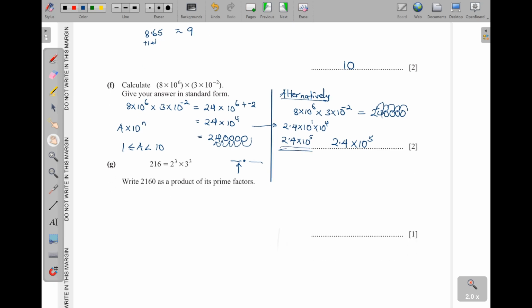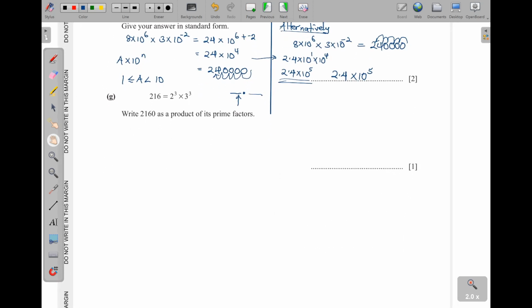Then part G, write 2160 as a product of its prime factors, but we are given 216 is equal to 2 power 3 times 3 power 3. Now 2160 is just 216 times 10, but 216 is given as 2 power 3 times 3 power 3. Then 10 is the same as 2 times 5.